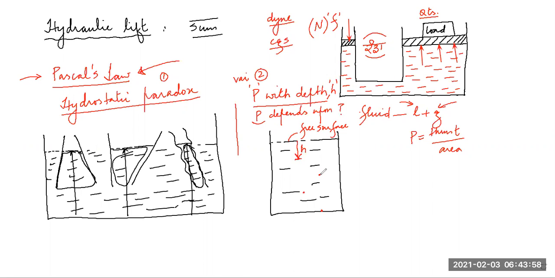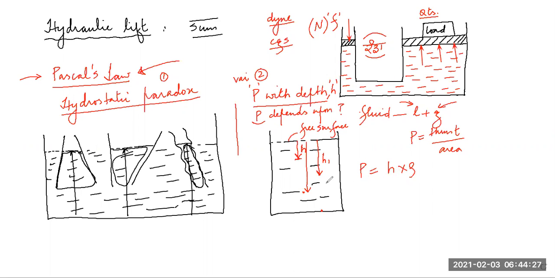If you want to calculate pressure here, you again have to find out the depth H1. Here, you again have to find out the depth. Once you know the depth, you simply multiply that depth with the density of the liquid. In case this is mercury, then you will write the density of mercury.